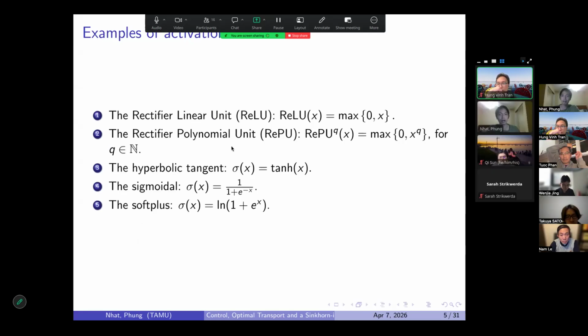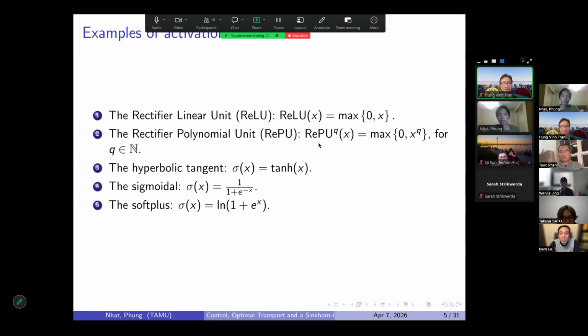These two are more popular. ReLU does not have a derivative at zero, so some other activation functions want smoothness. The idea is that they only need to be nonlinear.